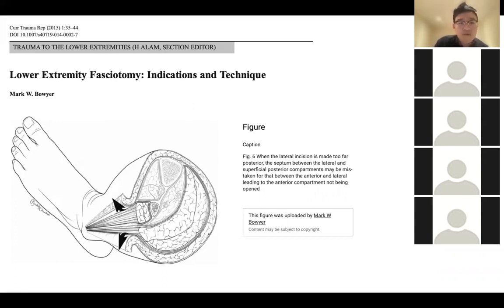The problem with the lateral incision is that, remember we talked about one of the neurovascular bundles is between the deep posterior and the superficial posterior. If you haven't found that neurovascular bundle and you haven't felt a pulse, that means that you haven't decompressed the deep posterior compartment. It's very easy to just take off superficial posterior.